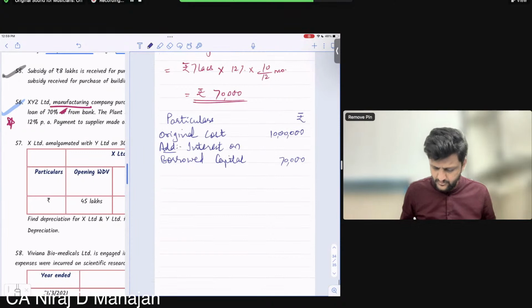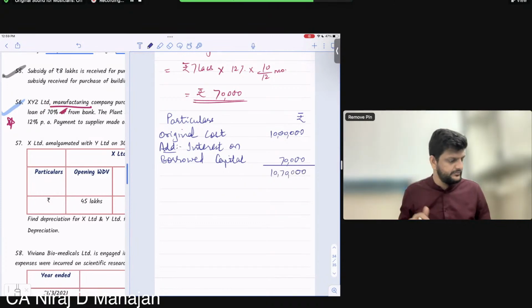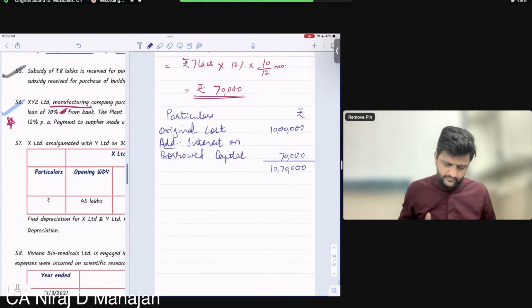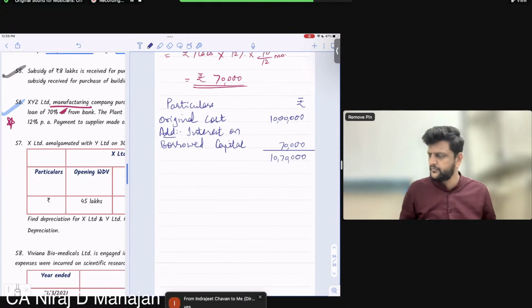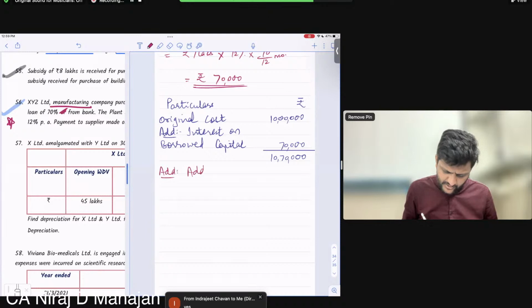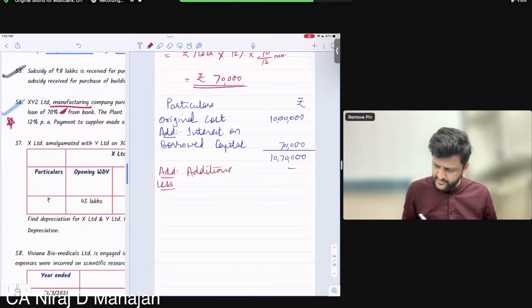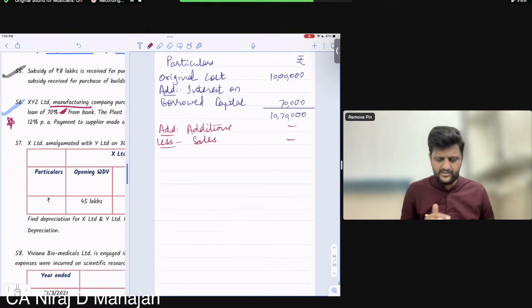Yes? 10 lakh 70,000. Fine. Simply on this, we'll reduce our depreciation. Add additions. Are there any additions? No. Less sale. Are there any sales? No. Okay, so that is my balance.